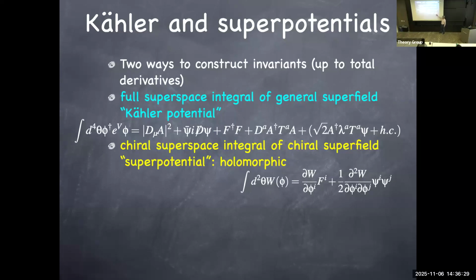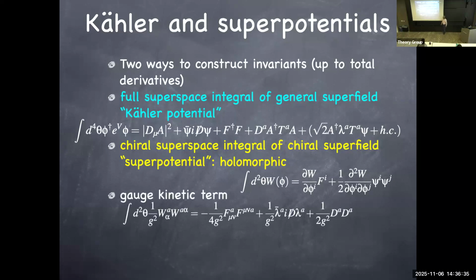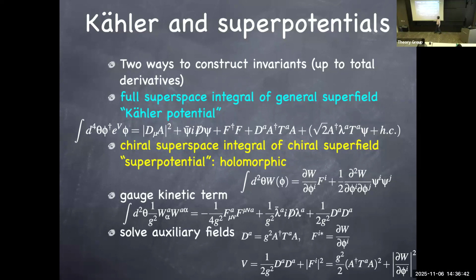And here you can see, for example, the Yukawa coupling between scalar and fermion. And here's the auxiliary component you can eliminate. After eliminating it, F turns out to be this del W d phi. And so this actually ends up being the potential for the scalar particles in supersymmetric theories.